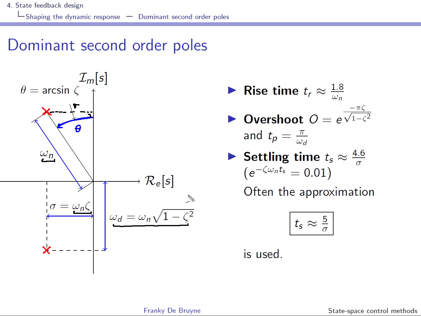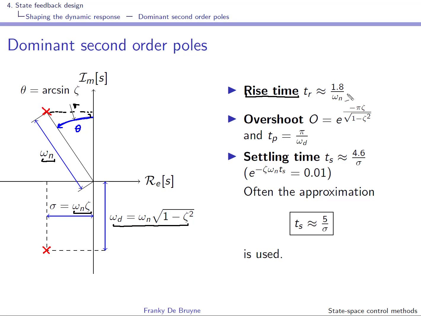You've seen in the course of my colleague that the rise time, overshoot, and settling time are related to the quantities omega n and zeta. The rise time is 1.8 over omega n.